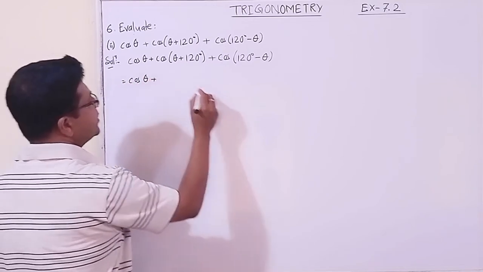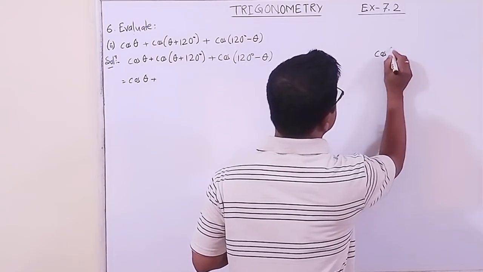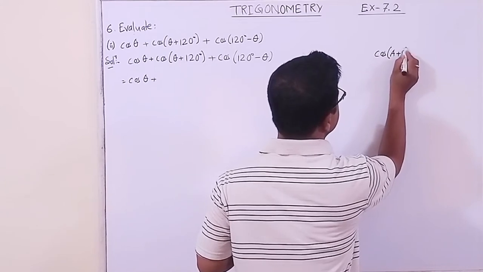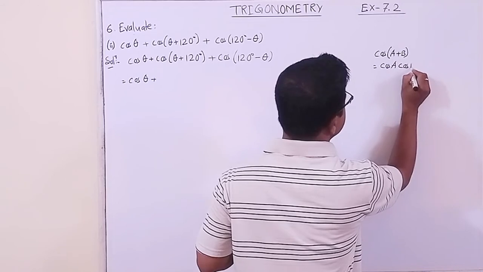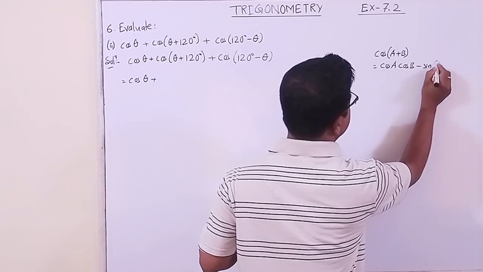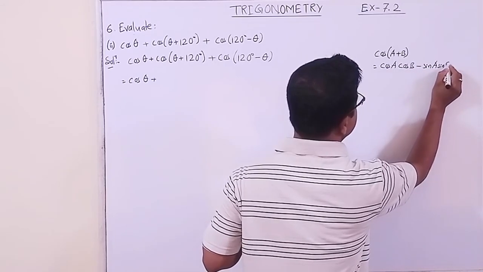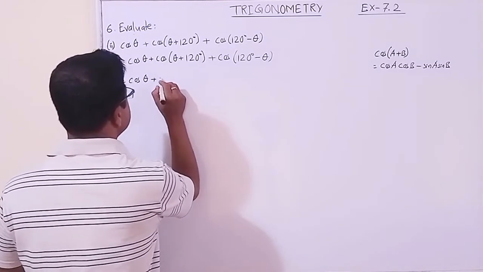Now what is cos A plus B? The formula is cos A cos B minus sin A sin B. Okay, so let us expand it.